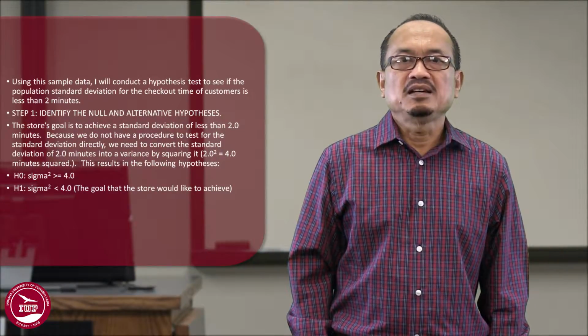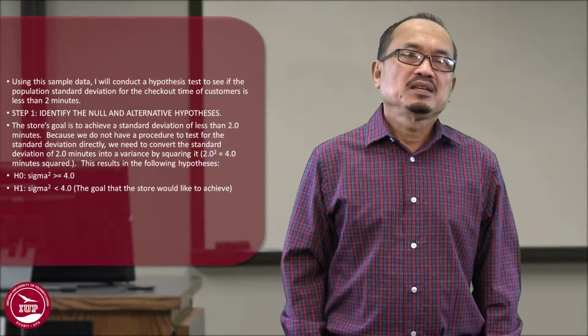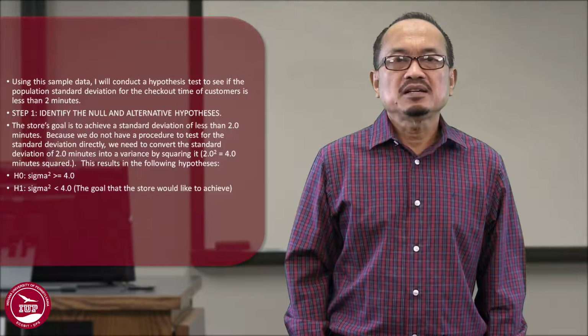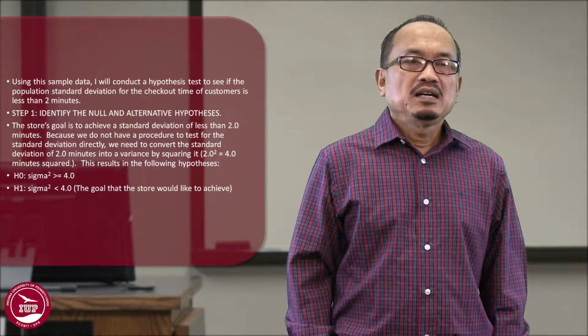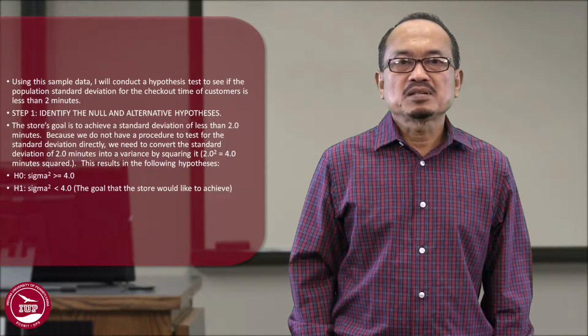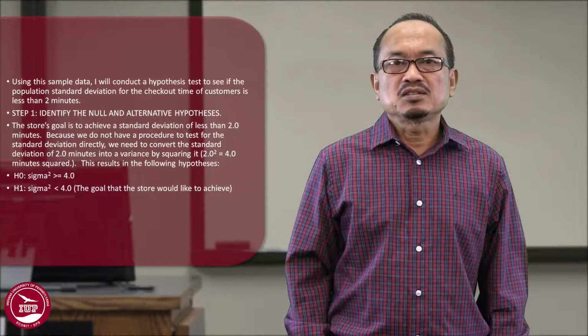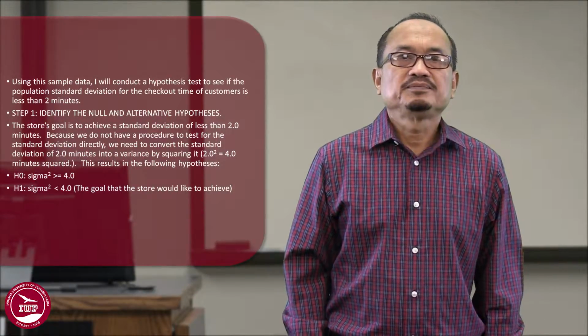This results in the following hypotheses. Null hypothesis: sigma squared is greater than or equal to 4. Alternative hypothesis: sigma squared is less than 4, the goal that the store would like to achieve.